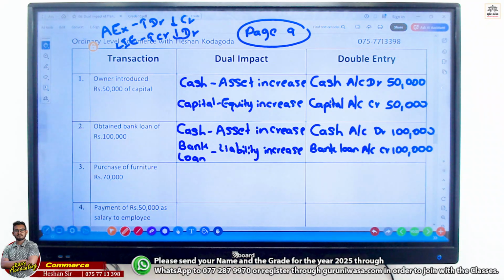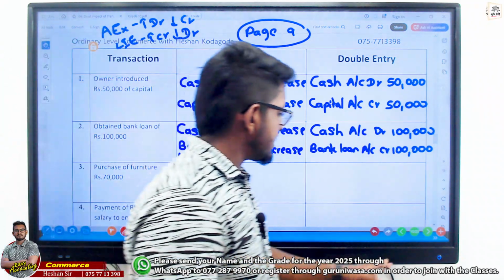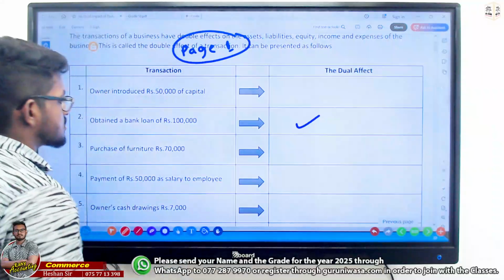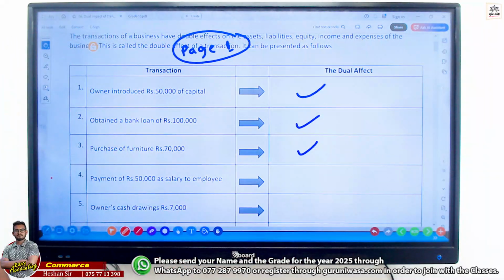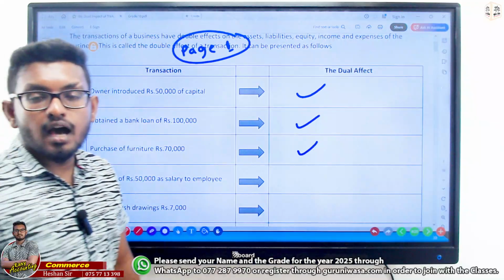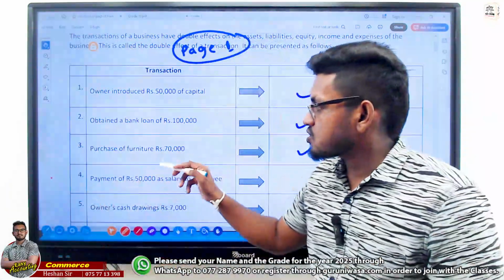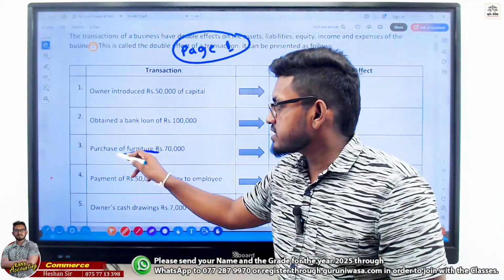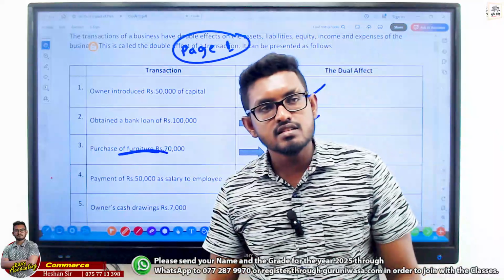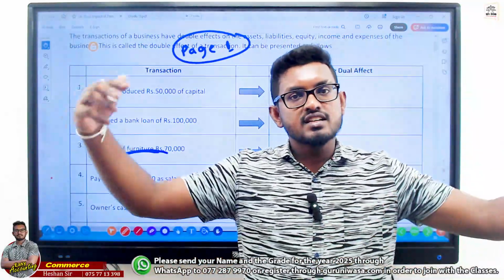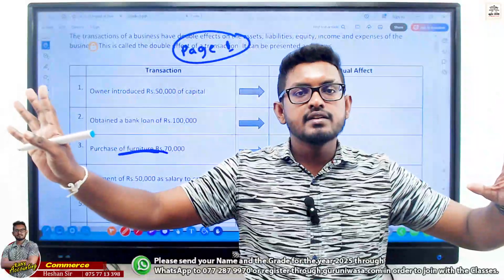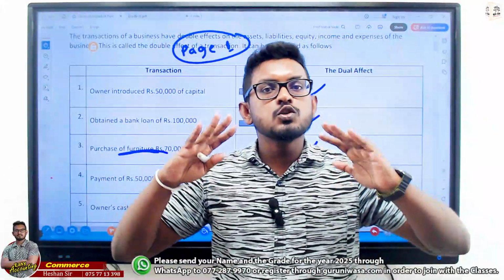Let's see. Next one. Purchase furniture 70,000. Last week we wrote this one in the page number 1. Can you tell me the dual effect? Furniture is not the stocks. This is for the usage purpose. Can you hear me, guys? Right? So only if it is the stocks, that purchase sales concept applied. This furniture is for the usage purpose.